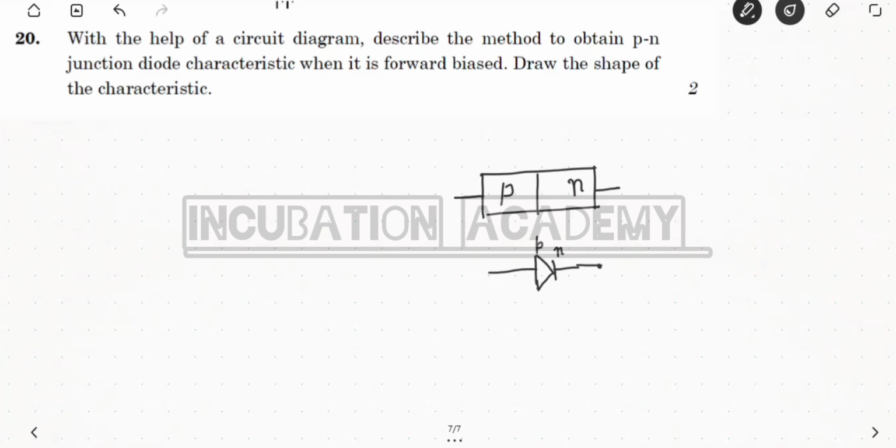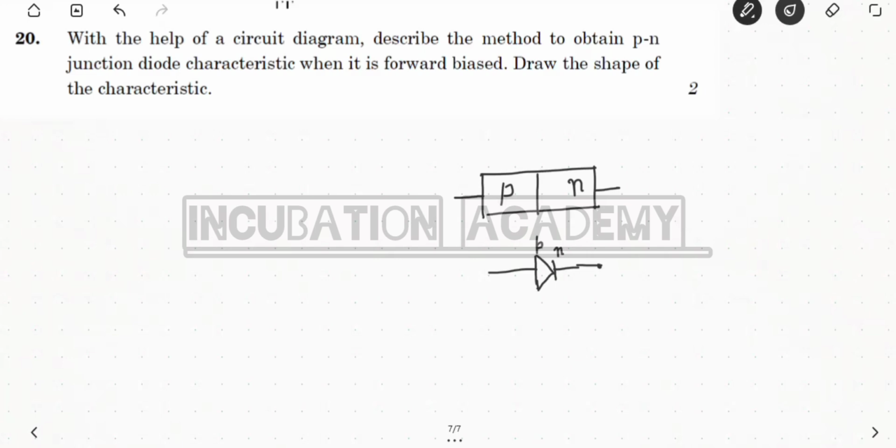Clear? Here p means p-type semiconductor, positive type, where trivalent impurities are doped and the hole concentration is greater. And n is the n-type semiconductor, where pentavalent impurities are doped in silicon or germanium, and it is negative type, not negatively charged, and the electron concentration is much higher than the hole concentration.